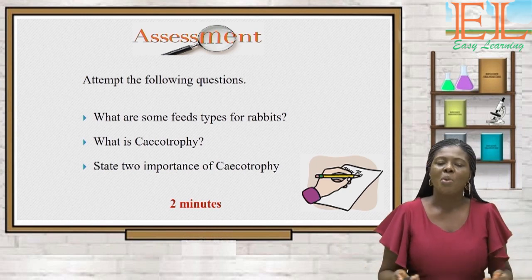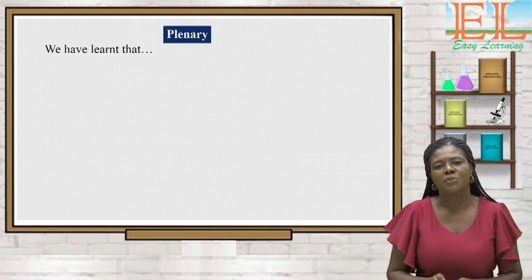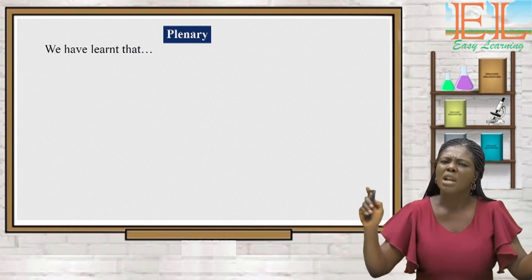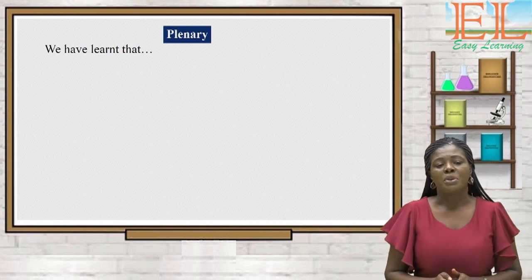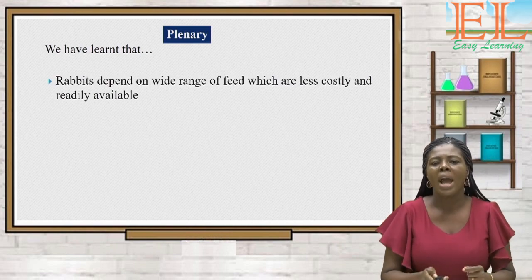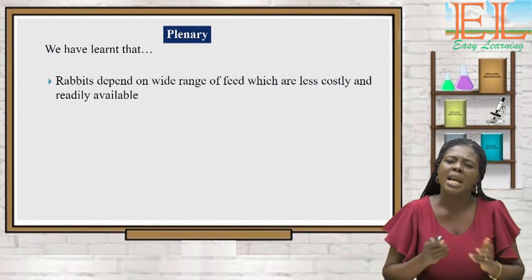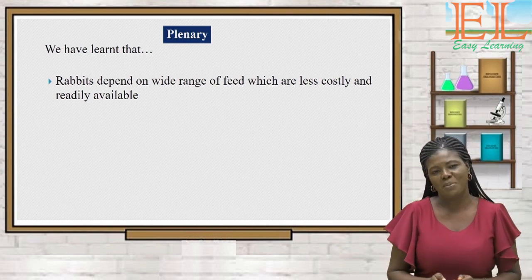All too soon, we have come to the end of our lesson for today. Now let's try and then put everything together. So what have we learned? We've seen that rabbits depend on a wide range of feed, which are less costly and readily available.